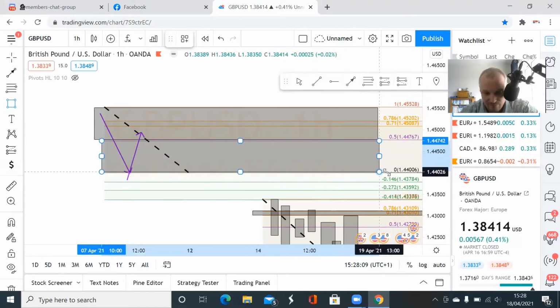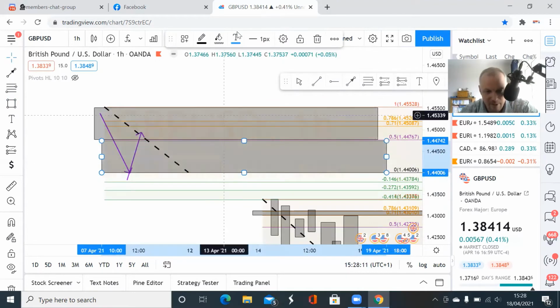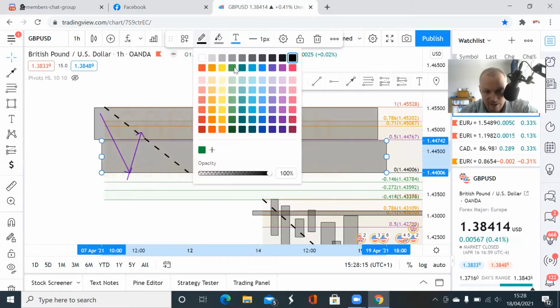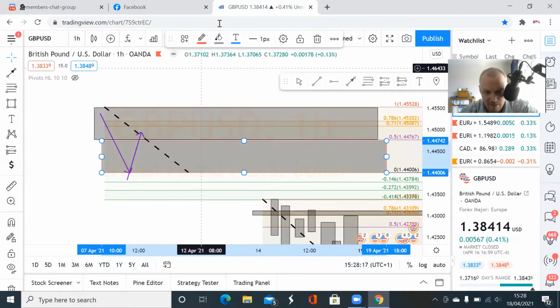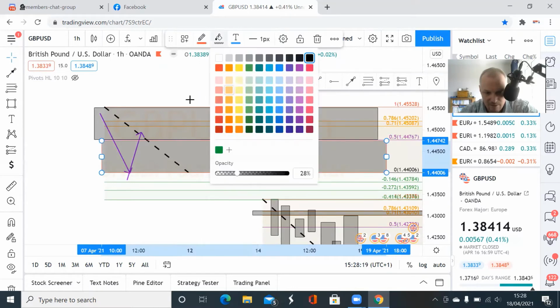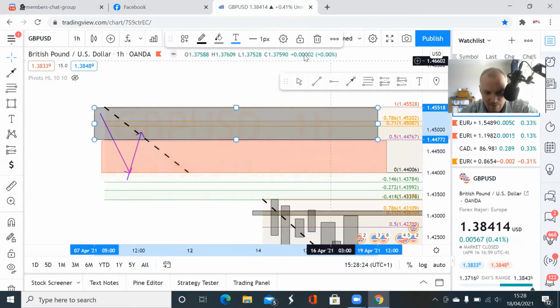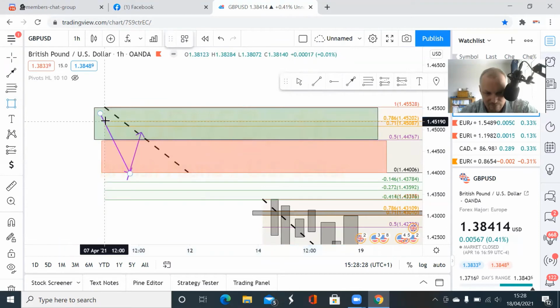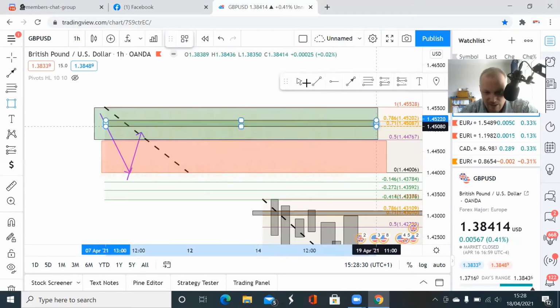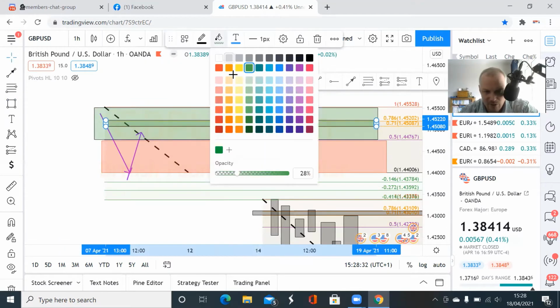Okay, and this is a better way to describe it. So if I fill that up with, let's see, red, and I fill this up with green, there's our money zone. I'll do the money zone as orange.